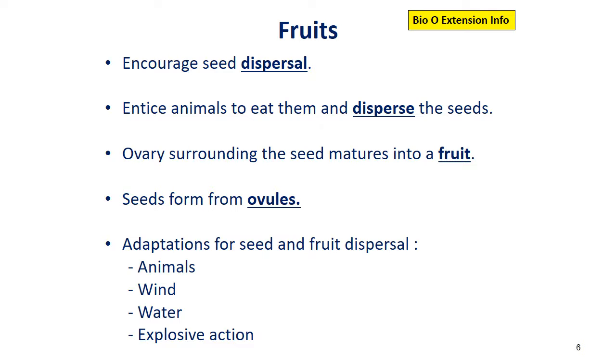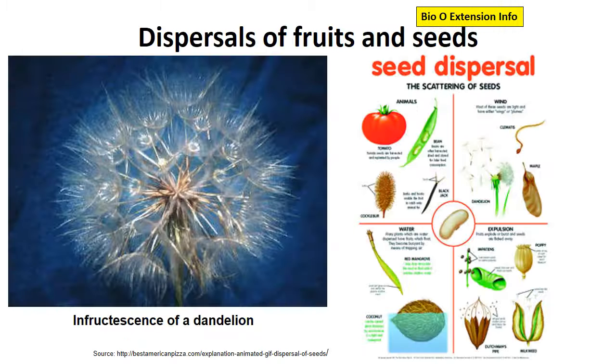It could be through animals, by wind, by water, or even by a self-explosive action or explosive mechanism within the fruits itself. Next, on the left, they show you the infructescence of the dandelion.